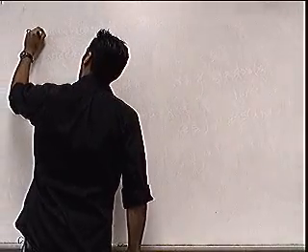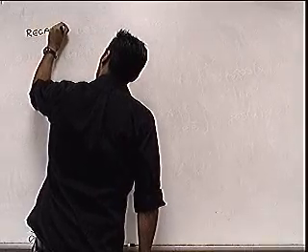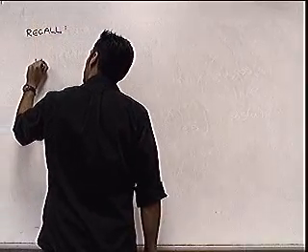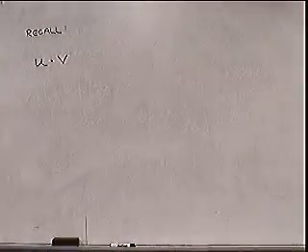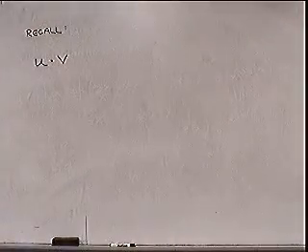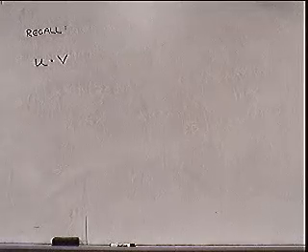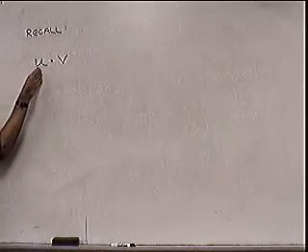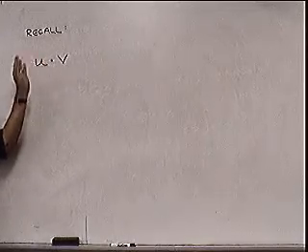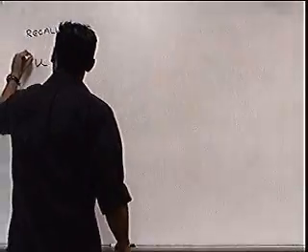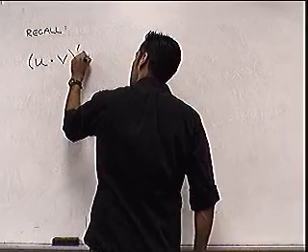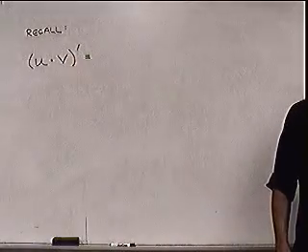Recall from Cal 1 that if I have two functions, I'm calling them u and v, all right? Now maybe in Cal 1 you like to call it f and g, right? A function f and a function g, and you multiply them. Then if I took the derivative of this, you had to apply the product rule, didn't you?